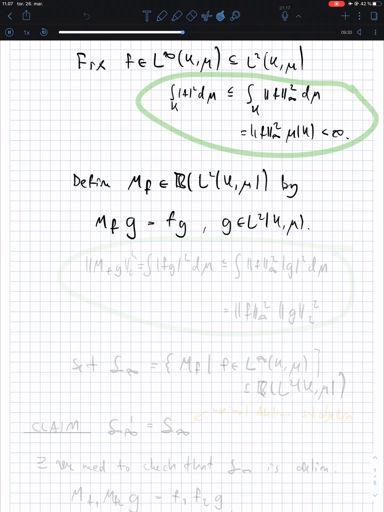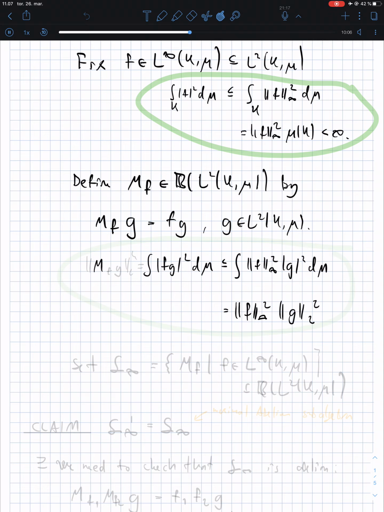First of all, why is fg an L2 function? Well, we're going to have to look at the integral of fg squared d mu. But just like before, this is less than the integral of the L infinity norm of f squared times g squared d mu. And then I can pull this out like this. And this, of course, is just the L2 norm squared of g.